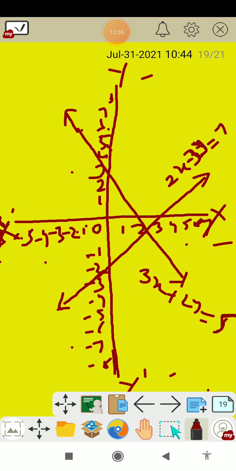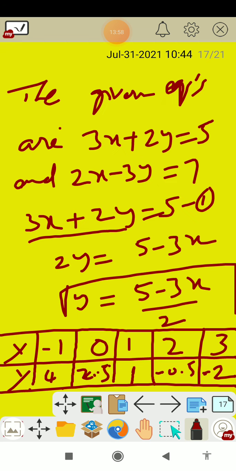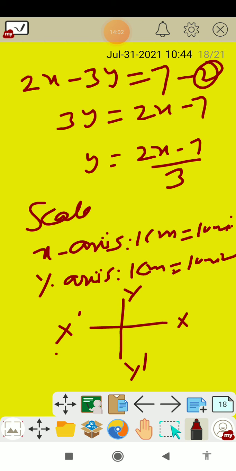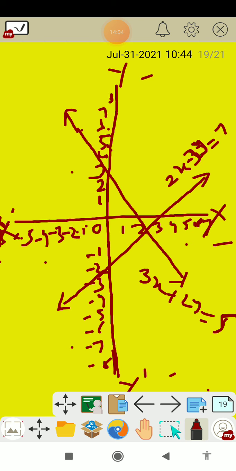See, once you check the table, what did you get? Check minus 1, 4: x is minus 1, y is 4. Where is it? x is minus 1 on this x axis. Here y is 4, like this.